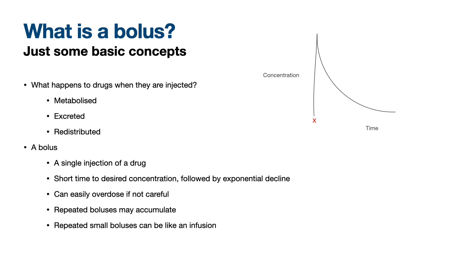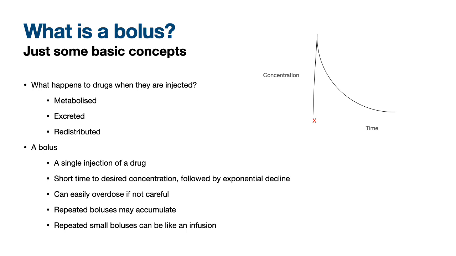This can be to a more or less active metabolite. And then drugs are excreted, most often by the kidney. Over time these processes are involved in eliminating the drug from the body.